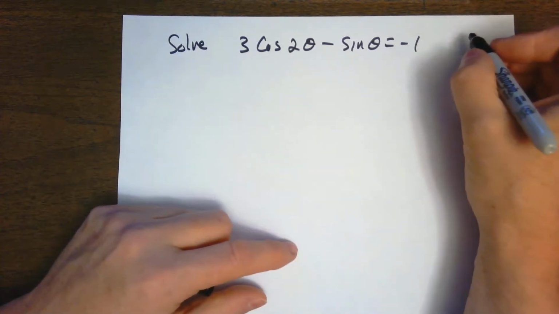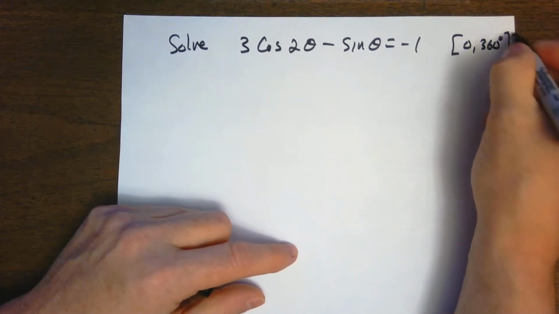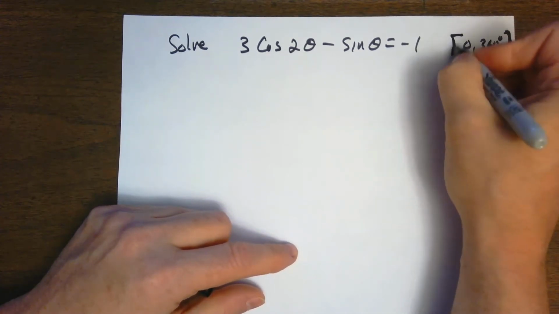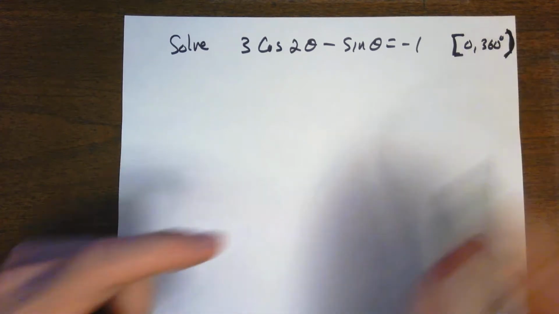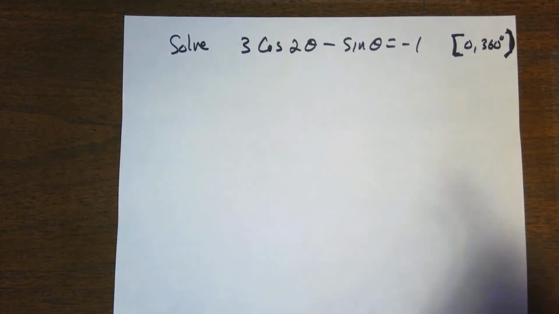And I want to do it from 0 to 360 degrees. Whoops, parenthesis there. 0 and 360 are the same, so I'm going to use a parenthesis there. So I'm going to do it in degrees. I could have done it in radians, 0 to 2 pi, and just done my calculating in radian mode. Doesn't matter. The degrees, the angles are a little bit nicer here.